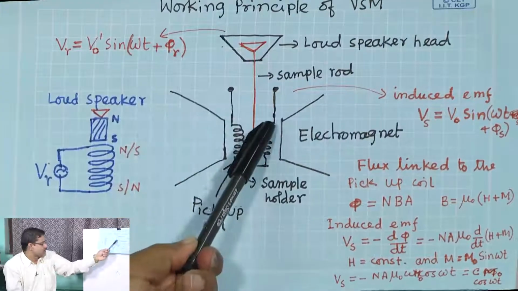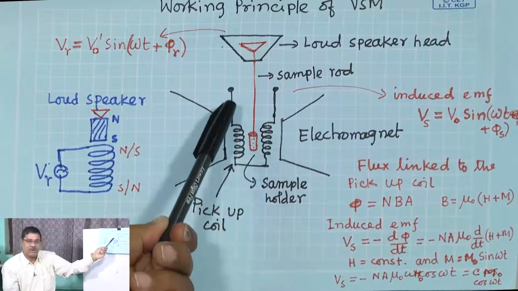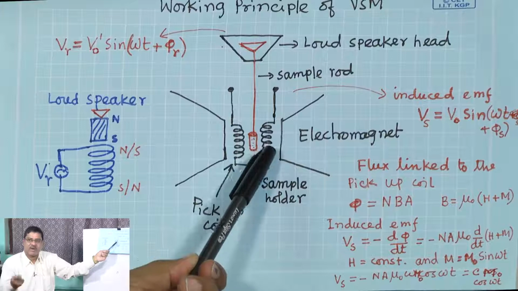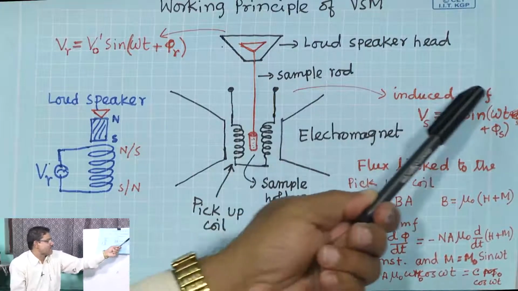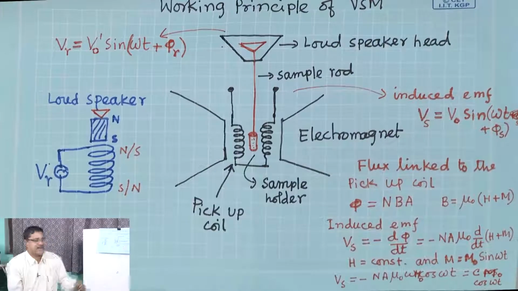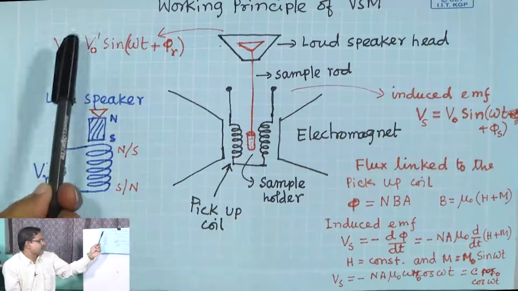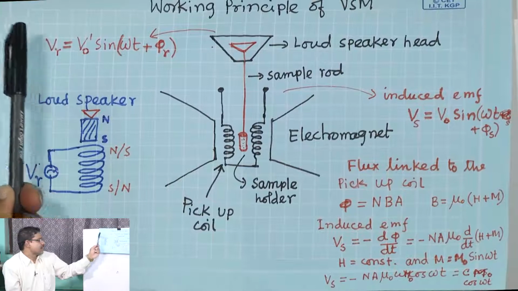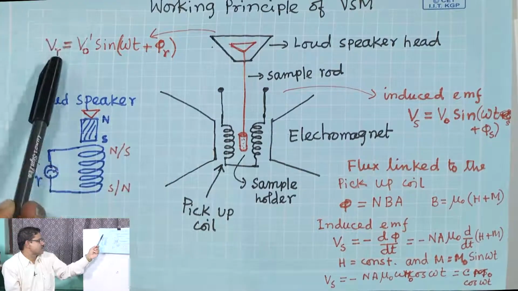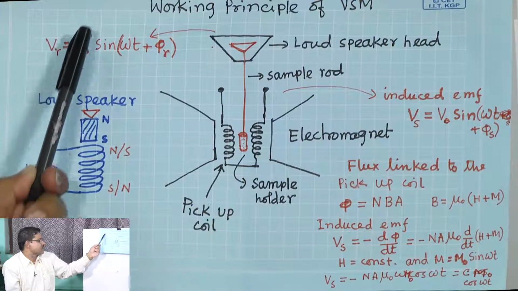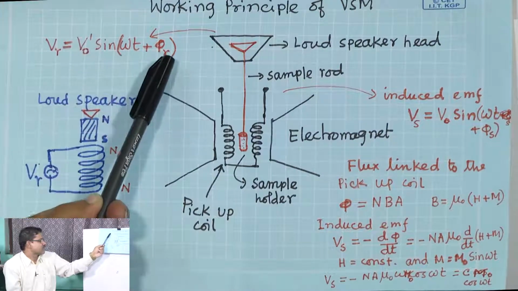So the flux linked with this coil will vary with the same frequency, and I will get the corresponding induced EMF as a signal. That is why I have written here the AC voltage we are giving, VR equal to V0 dash sin(omega t plus phi r).